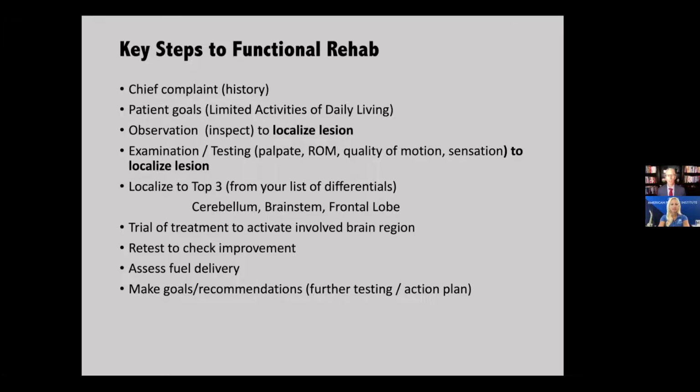Functional rehab, it's not complex. Most of it we're already doing. We just have to take a thorough chief complaint history, find out what goals are limited, observe and inspect and find out where that lesion is coming from. And then as you do your examination, I like to decide what are the top 3 areas that are involved. Usually it's cerebellum, brainstem, and frontal lobe.